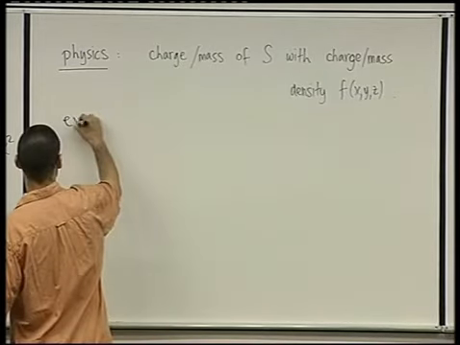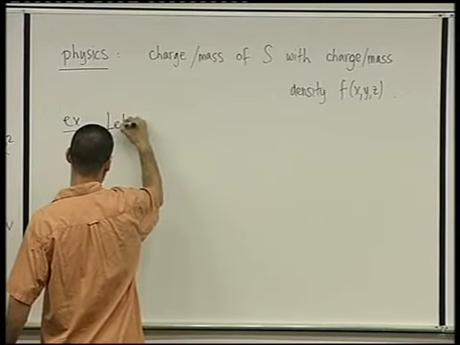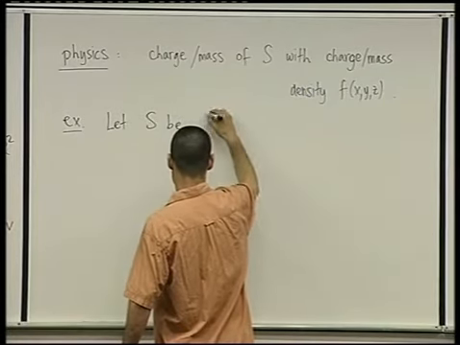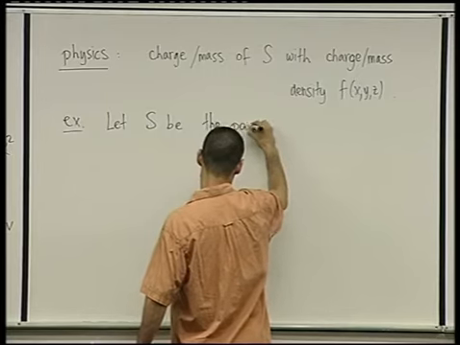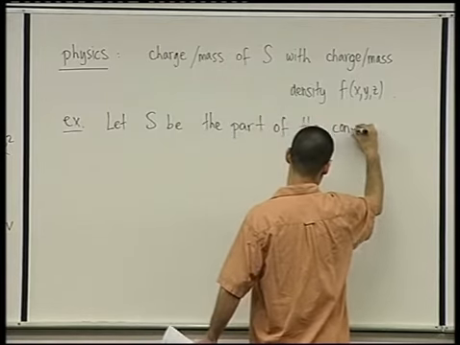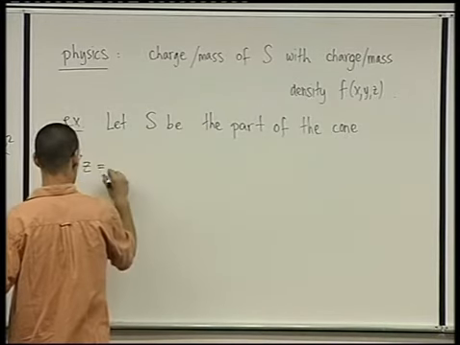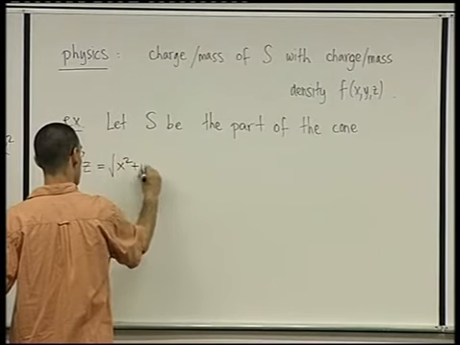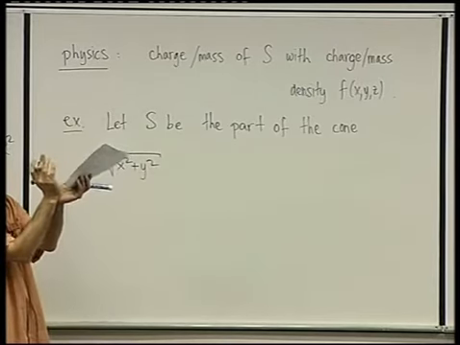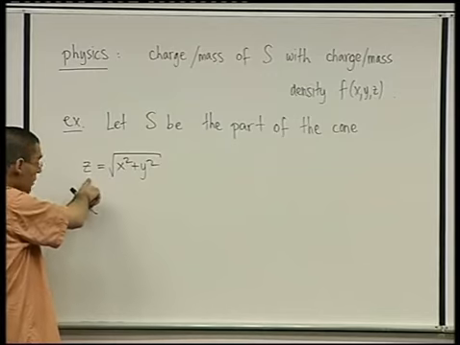So example: let S be the part of the cone z equals the root of x squared plus y squared. So this is a cone. This is an upside-down clown hat that we've already discussed several times.